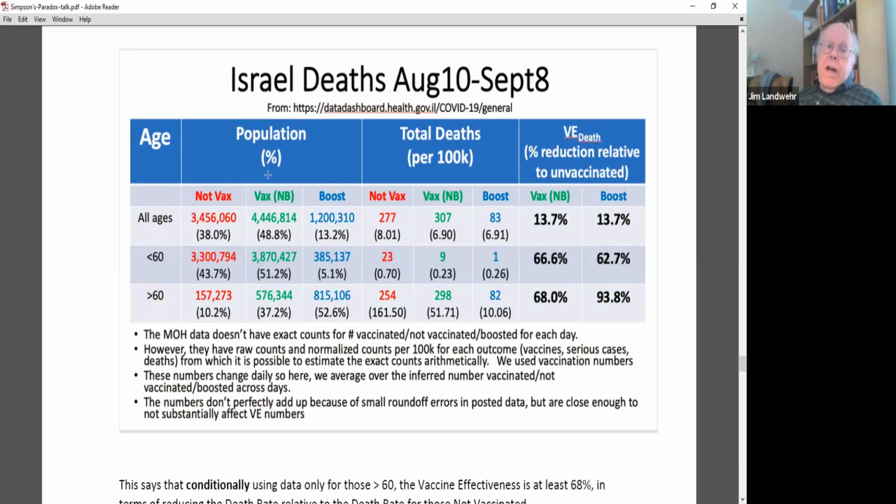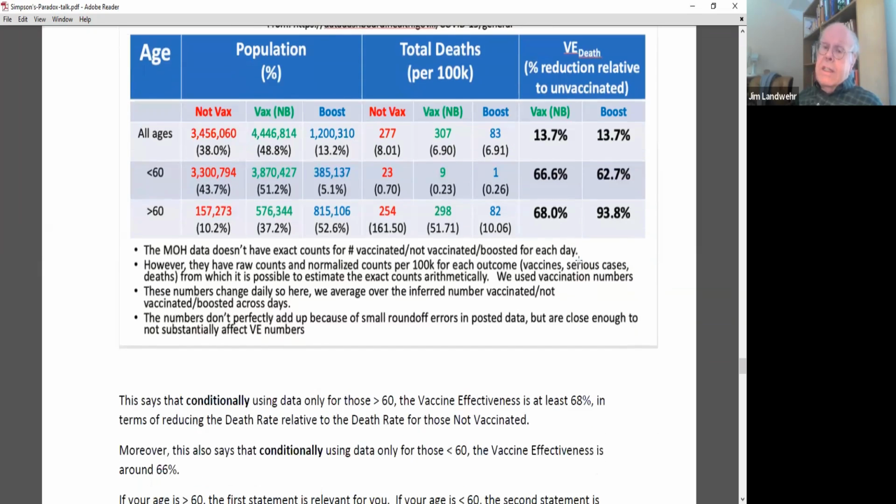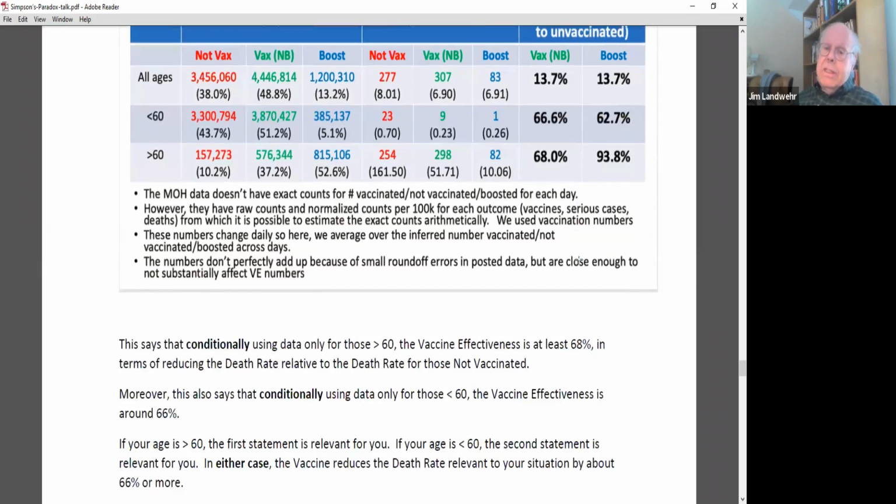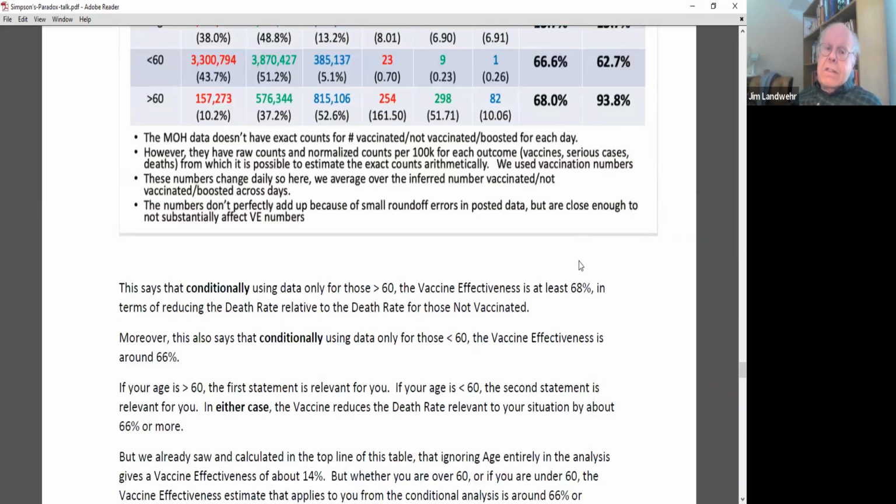For those who are under 60, looking at only the data for those who are under 60, the vaccine effectiveness is also in the mid 60s, 66%, 63%. So let's try to write this.